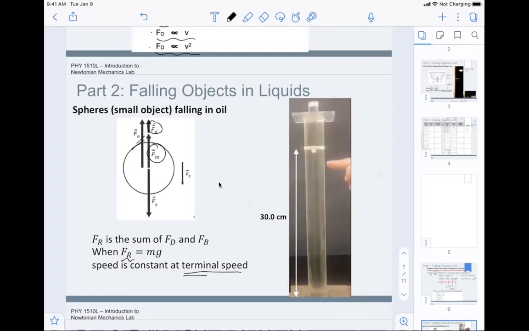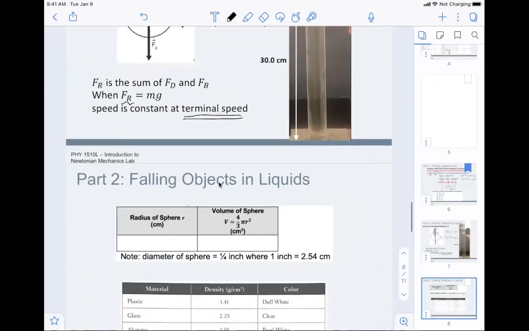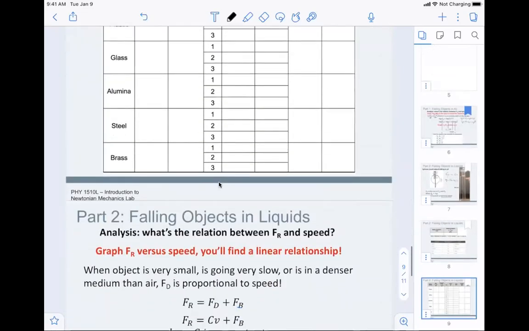Again, we're looking at what happens at terminal speed when these three forces add up to be zero, right? So when F_net equals zero, acceleration is zero. Here, F_net consists of two parts, mg, and the buoyant force and the drag force added together.